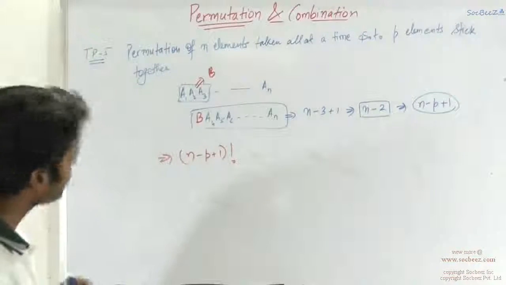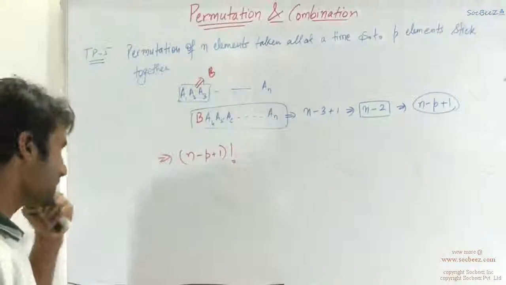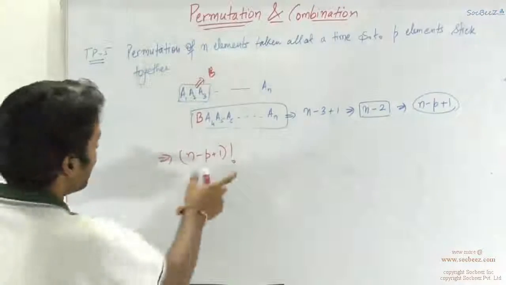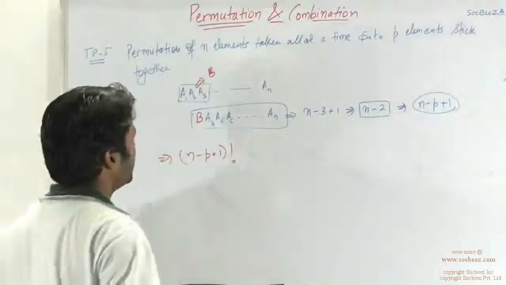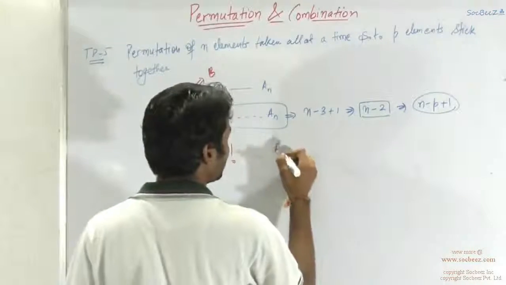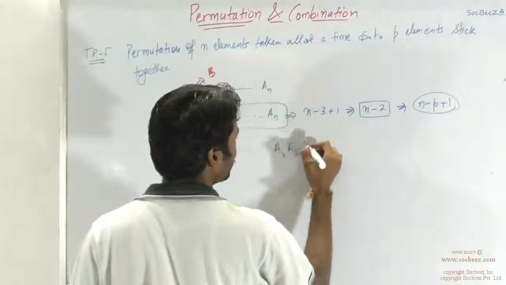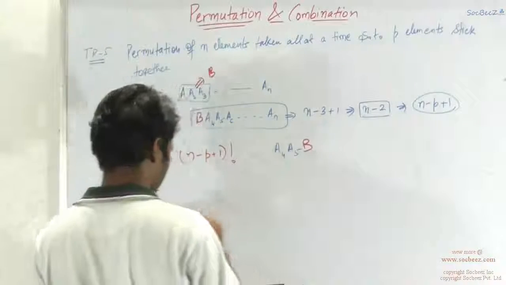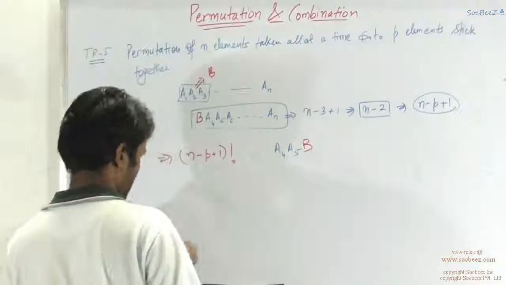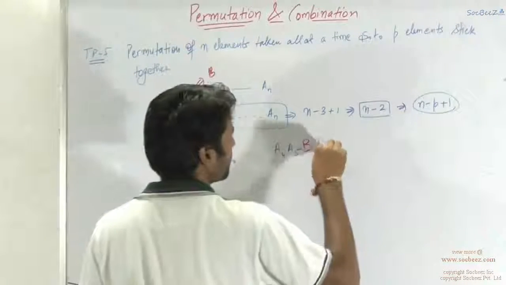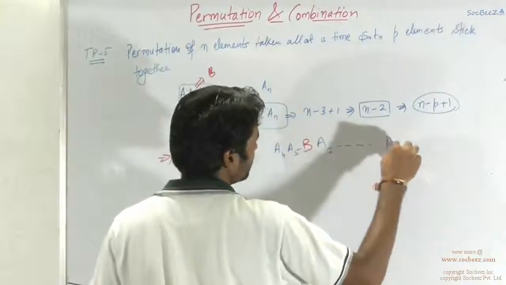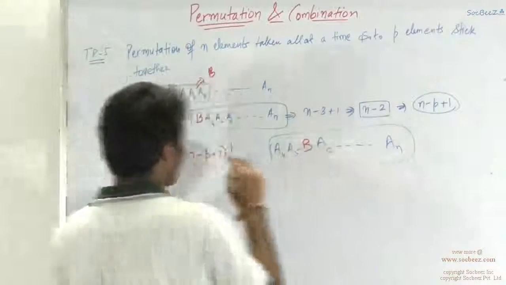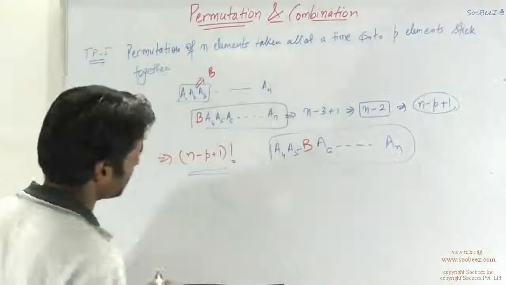And as you know, in all these permutations, you would have a place for B. Let us suppose A5, this was one of the permutations out of these n minus p plus 1 factorial permutations.